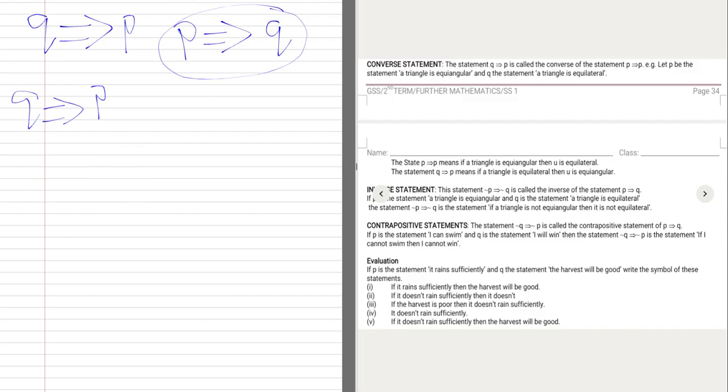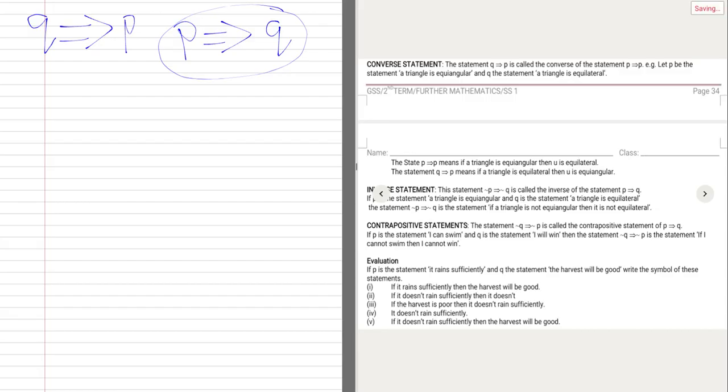All right, so let's take it small. Let's take the note first and look at the example. Probably it will give us an edge of what they are trying to say there, so you can have a clear understanding. So we have the converse statement.